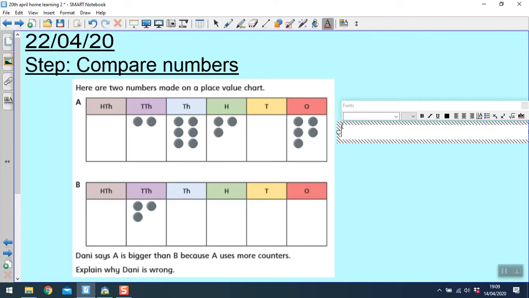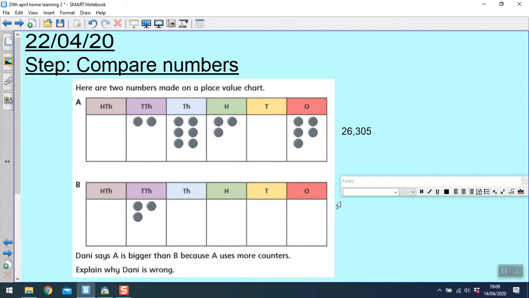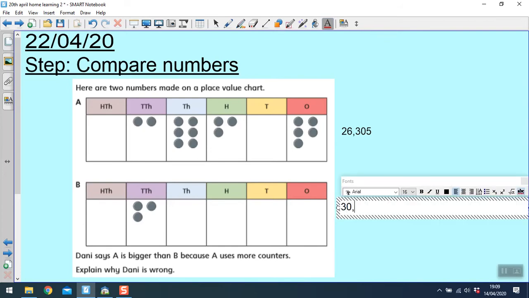So over here, we've got two tens of thousands, six thousands. I'm going to put a comma to separate the thousands from the rest. 300s, no tens, and 5 ones. Down here, I've got 3 tens of thousands, no thousands, no hundreds, no tens, and no ones.